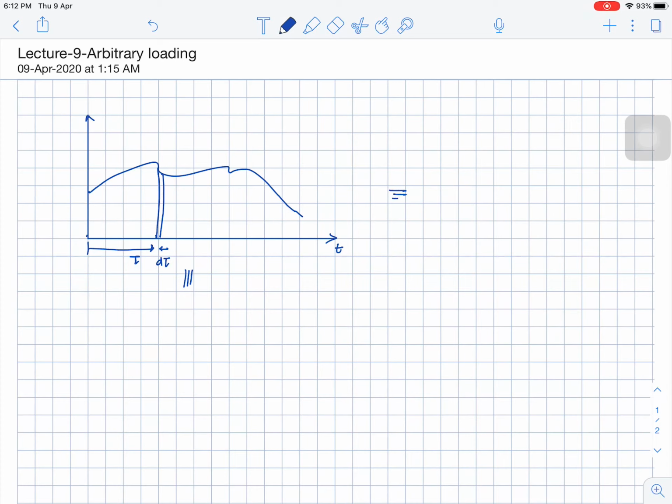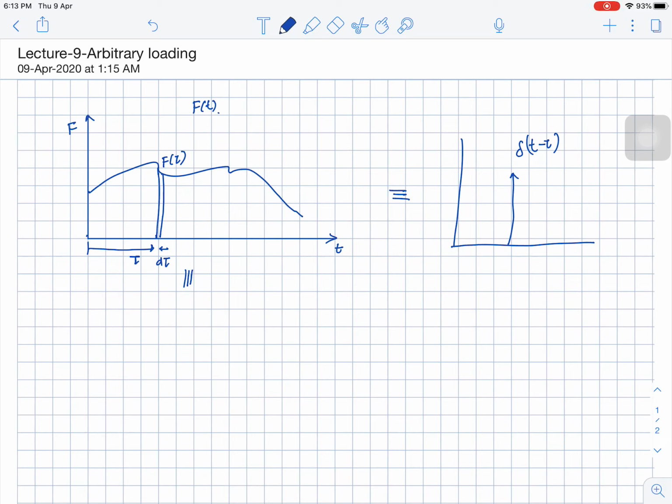So this is represented as delta of t minus tau. The magnitude will be f of tau, from this function f of t. Therefore f of tau into d tau will be the magnitude of this delta function.